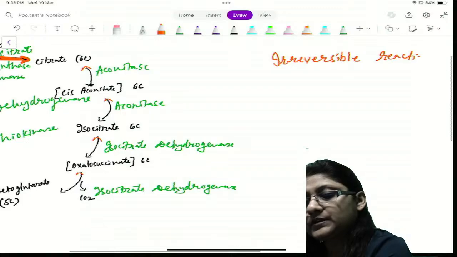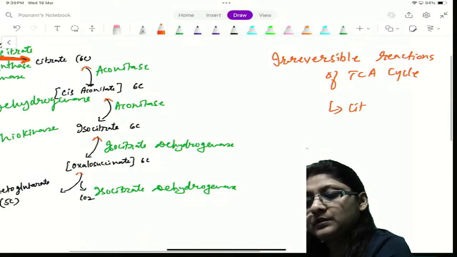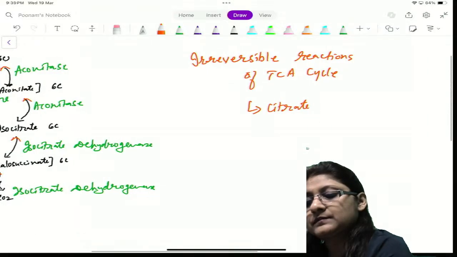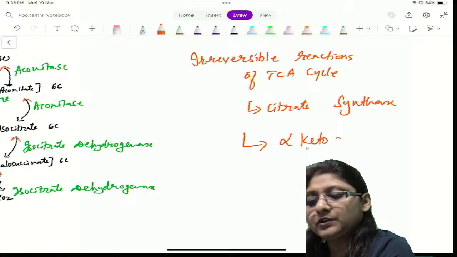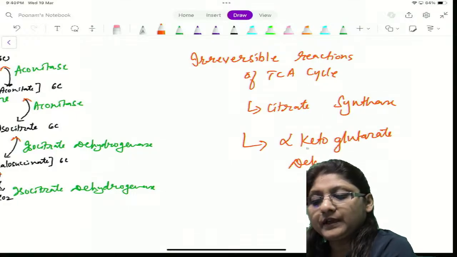Irreversible reactions of TCA cycle. They are number 1, citrate synthase, and number 2, alpha ketoglutarate dehydrogenase complex.